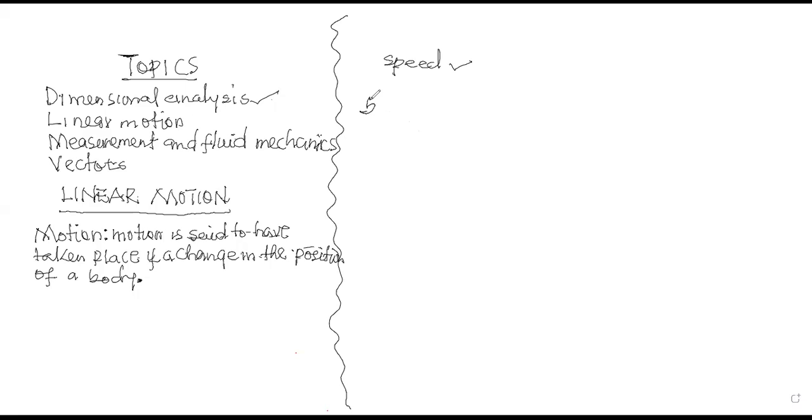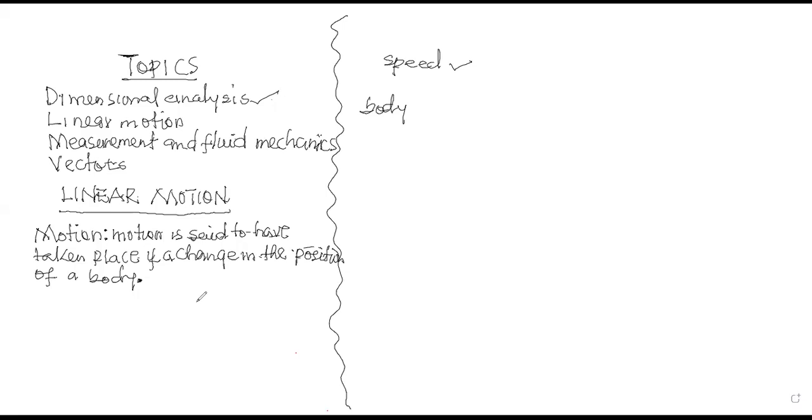Please, the body here refers to you and I. The body here refers to cars. The body here refers to anything that can move. Is that okay? In physics, when we use a body, that is what we mean: anything that can actually move from one point to another.